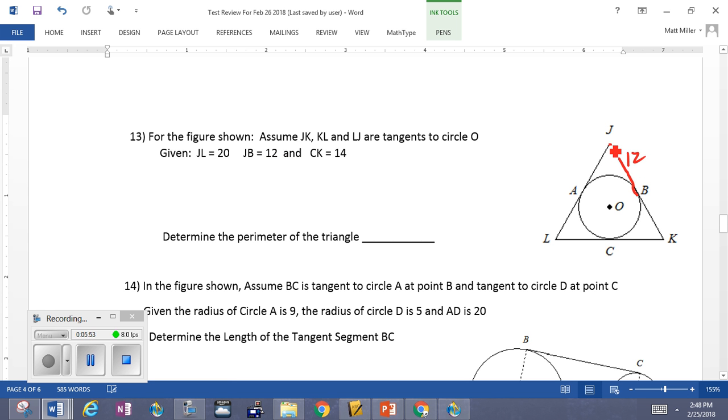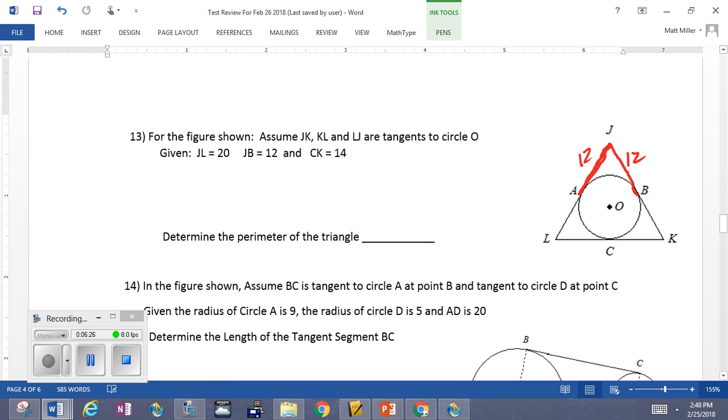And we said that two tangents from an exterior point are going to be equidistant. So two tangents, JA and JB, from the exterior point J are going to be equal, which means JA is 12, because JB was 12.